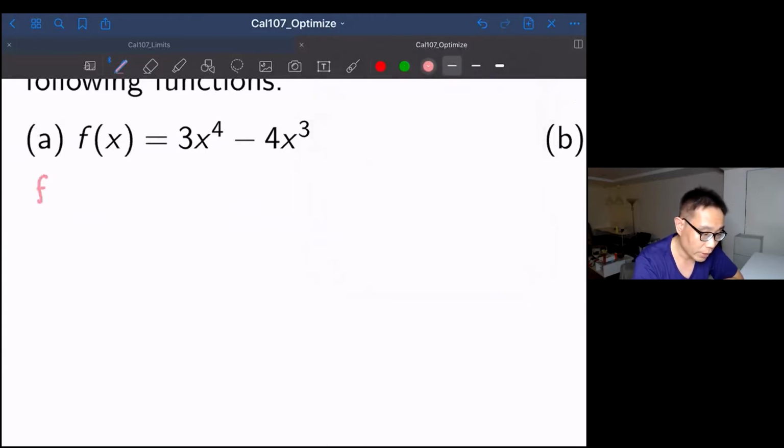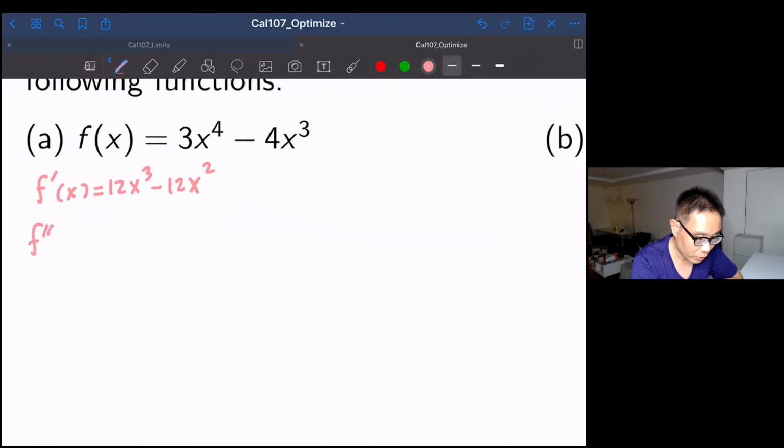So first f prime of x will be 12x cubed, and the derivative of 4x cubed is minus 12x squared. So this is your first derivative.